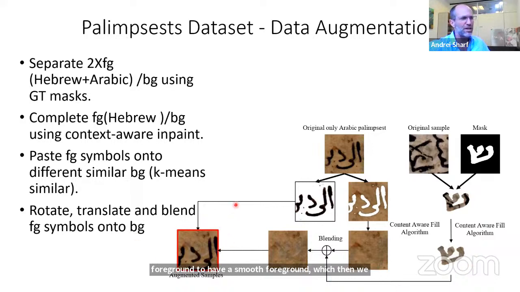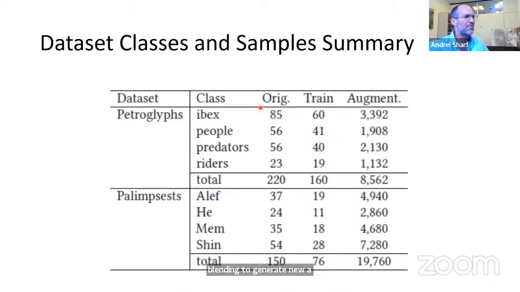So we have three layers: a background, some occluders, and the foreground, where we can paint together through some weighted blending to generate new data. This is a very important step because it allowed us to come from a very small data set.